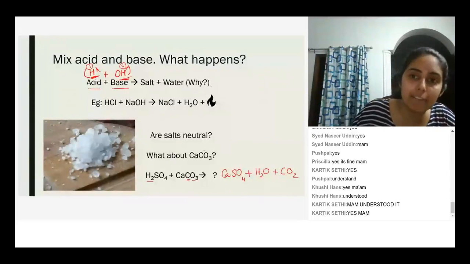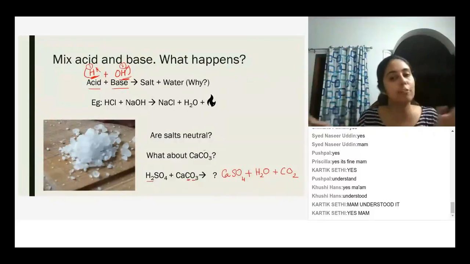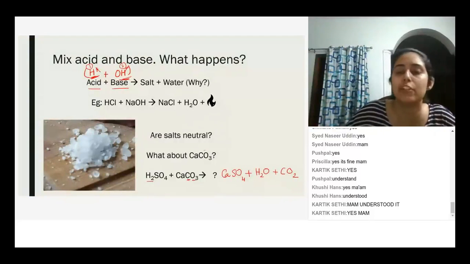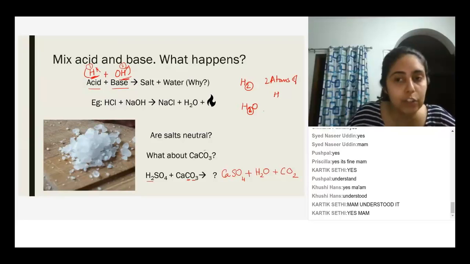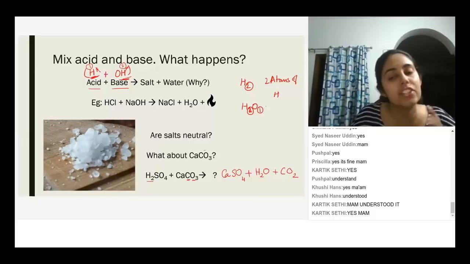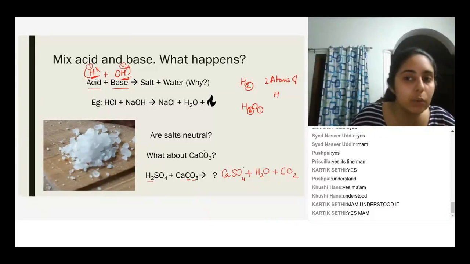Even if I don't have a combination of elements, for example, if this is a hydrogen molecule, why do I write 2 over here? Because the hydrogen molecule has 2 atoms of hydrogen. Similarly, in H2O, I write 2 over here because this has 2 atoms of hydrogen and 1 atom of oxygen.